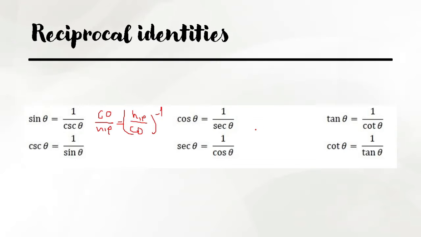And this is true because this thing is the inverse of this. So the identity is demonstrated, and we can do the same thing on all the identities.